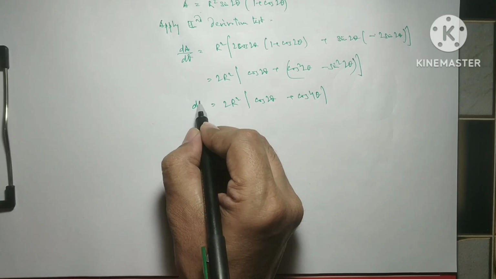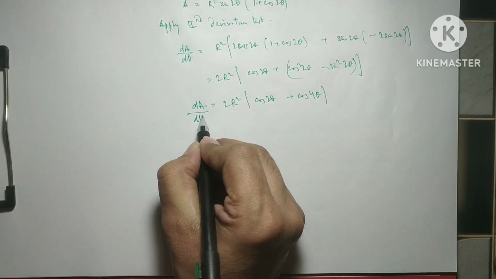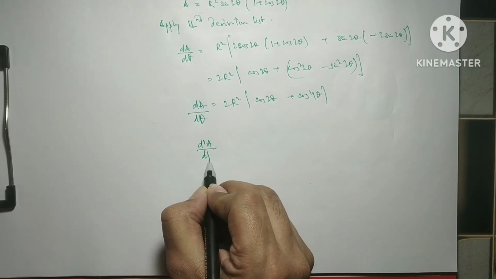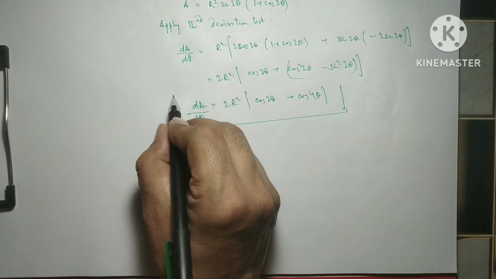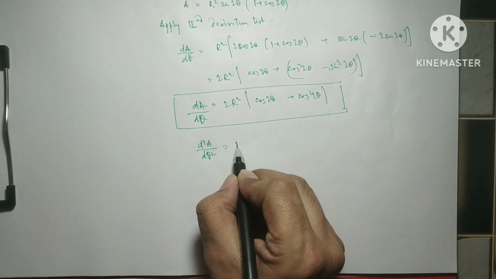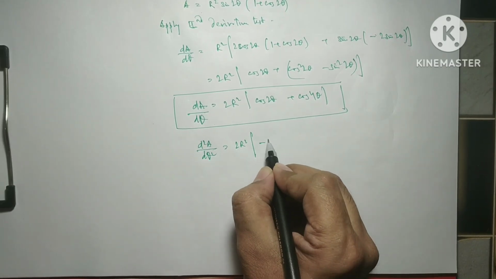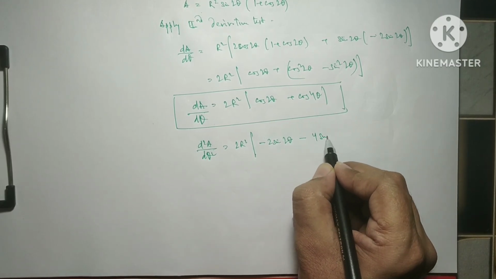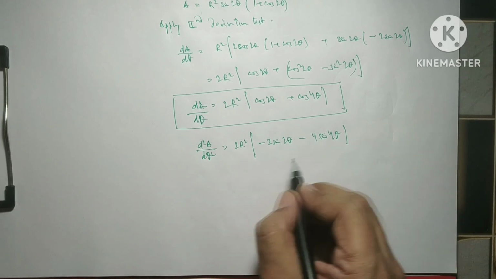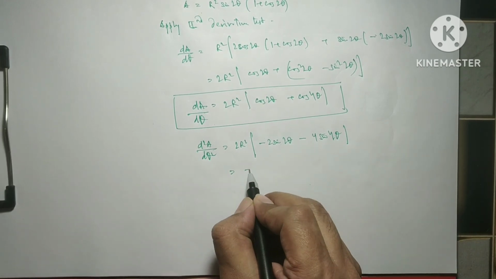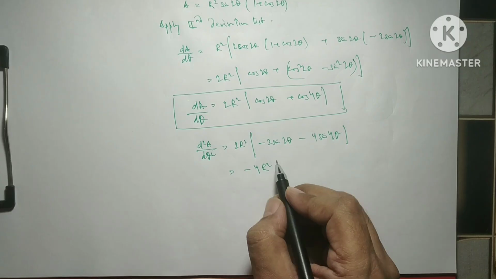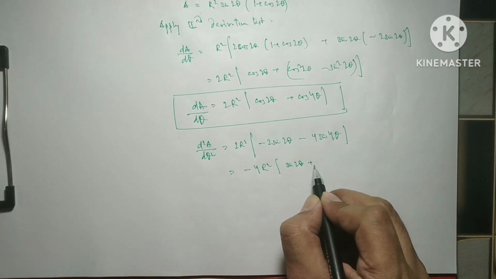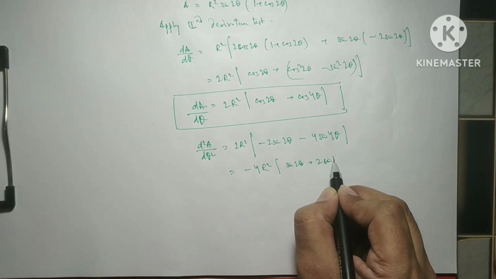So it is dA over dθ. Right now we will find the second derivative, d²A over dθ². So again we differentiate and we get minus 2 sin 2θ minus 4 sin 4θ. So it is minus 4R² (sin 2θ + 2 sin 4θ).